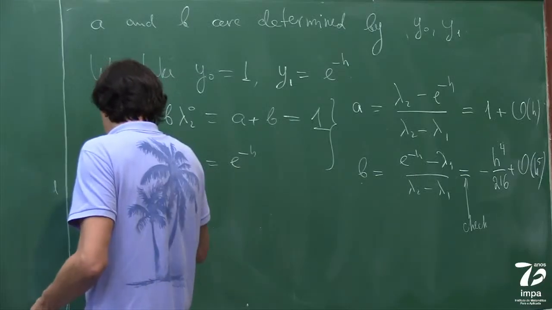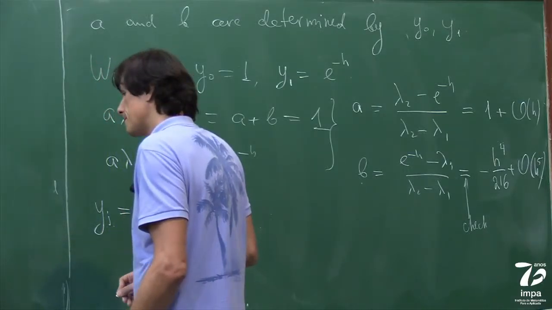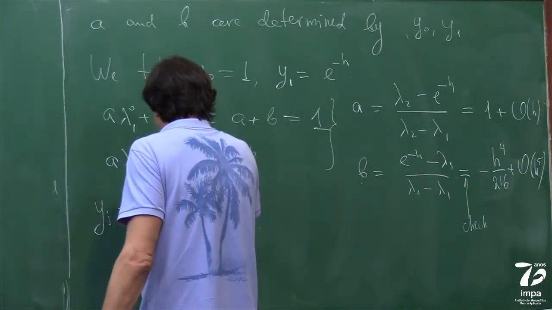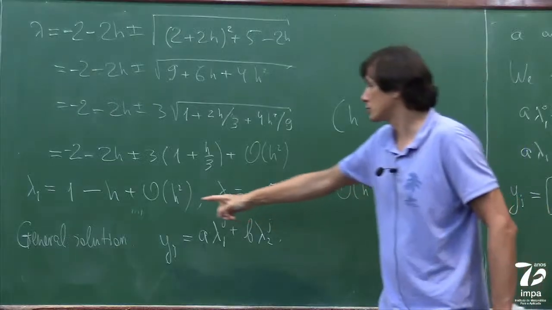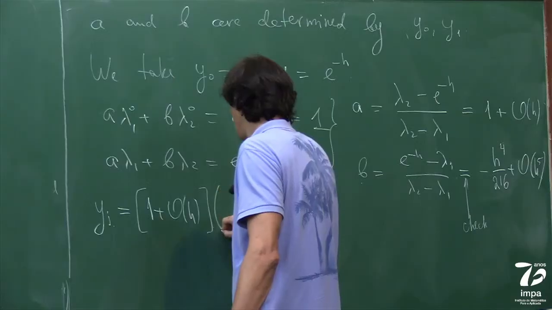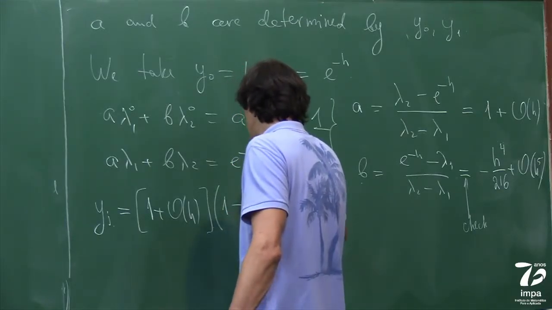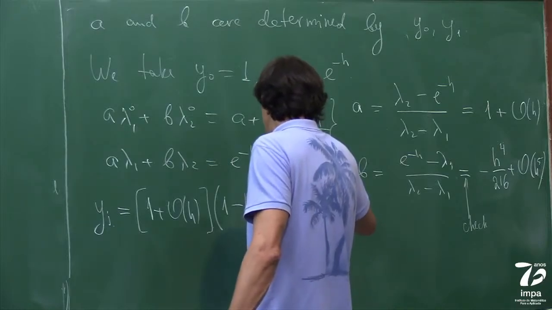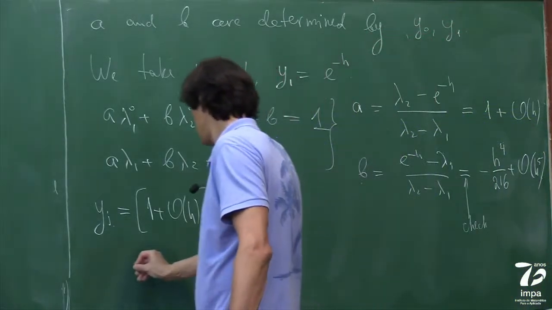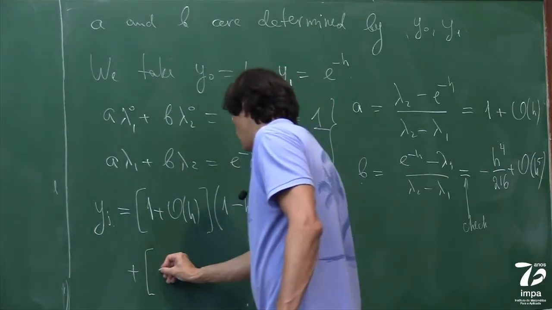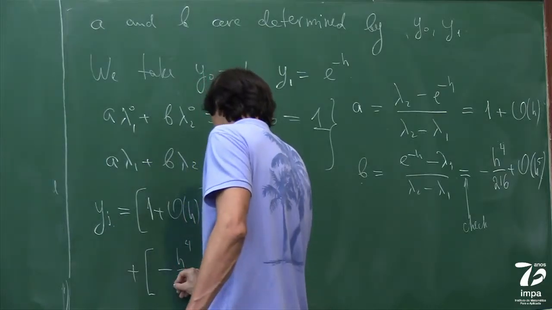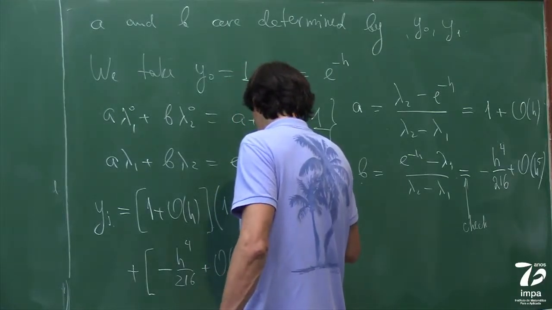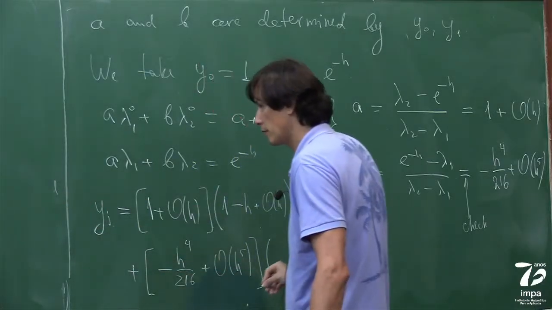So now let's compute Yj, which is 1 plus h by lambda 1, which is 1 minus h, J, plus minus h4 to 1, 6 by this minus 5.